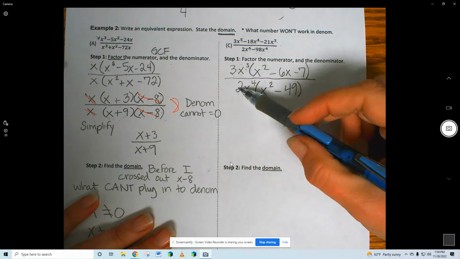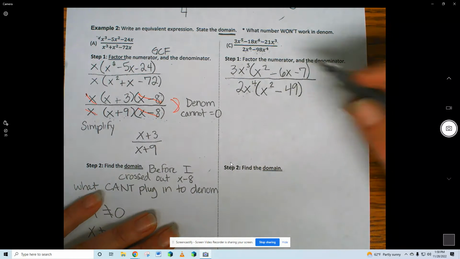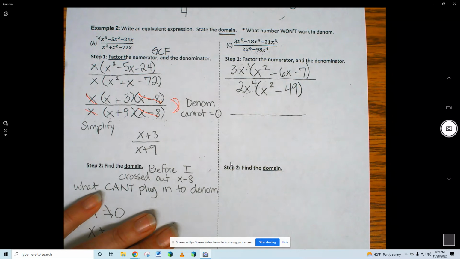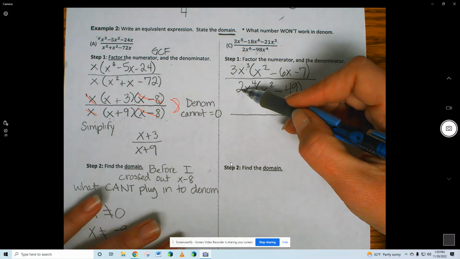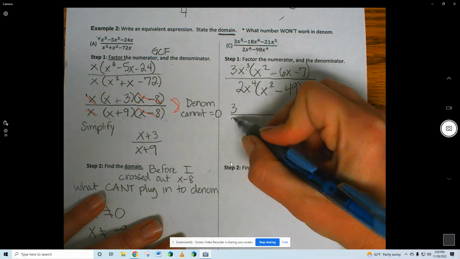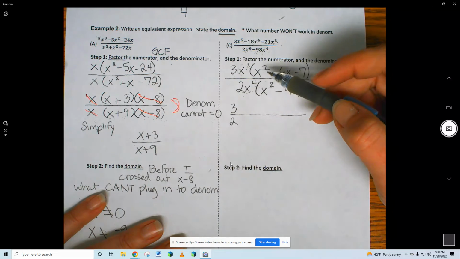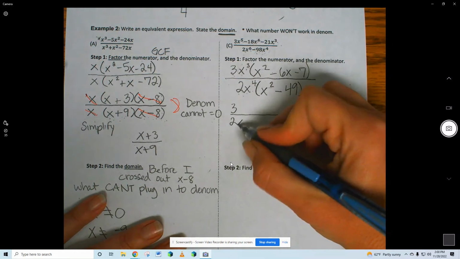I want that first. Three over 2. Can I simplify that? No, leave it 3 over 2. X cubed on top, x to the 4th on the bottom. What do I still have where? X on the bottom. Good.